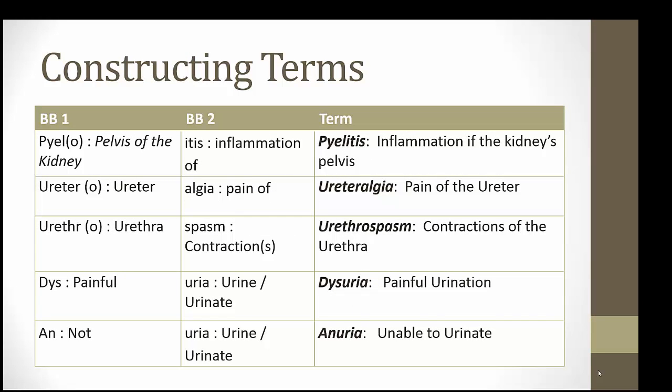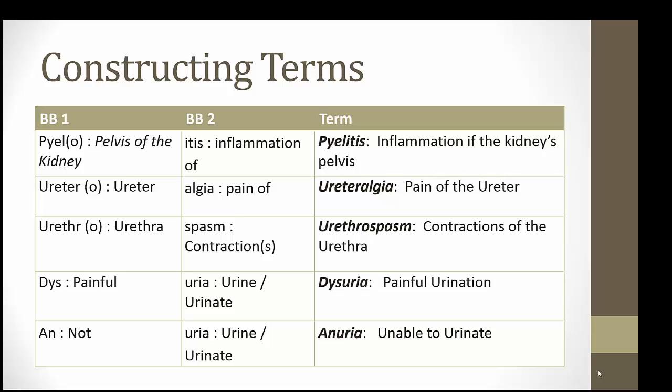Now let's take a look at a new root word, pyelo, meaning the pelvis of the kidney. When pyelo is combined with the suffix itis, meaning inflammation of, our new term is pyelitis, the inflammation of the kidney's pelvis.